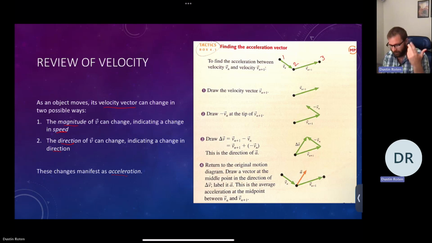So let's remember how we do this. We have to calculate the difference between the final velocity and the initial velocity, or v2 minus v1. It may not be the final or the initial in general, but for this little 3 position problem, it'll be the final and the initial.